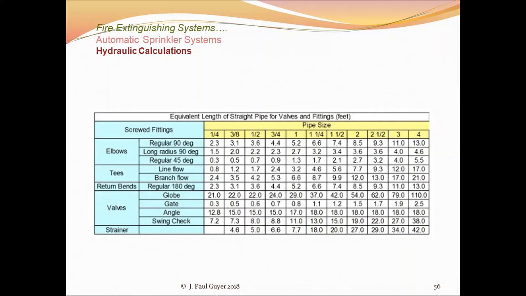2-inch pipe reduces down to 1.5, and then to 1 inch, and finally maybe 3/4 inch at that last pipe. And each length of pipe has a length, and you know what that is, and you convert all of the fittings, the angles and the tees and things like that, into equivalent linear feet of pipe.